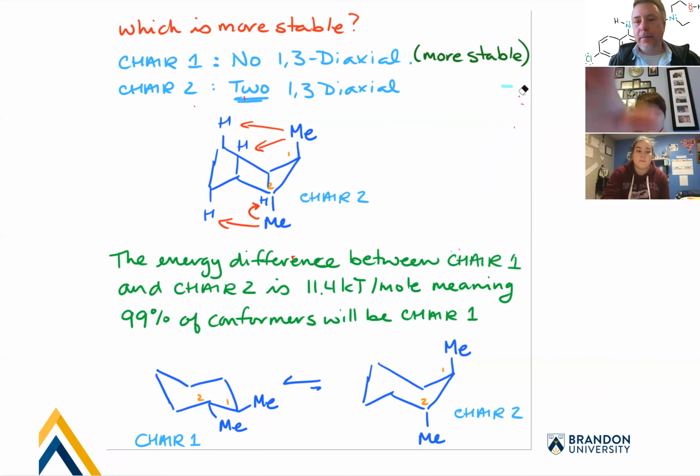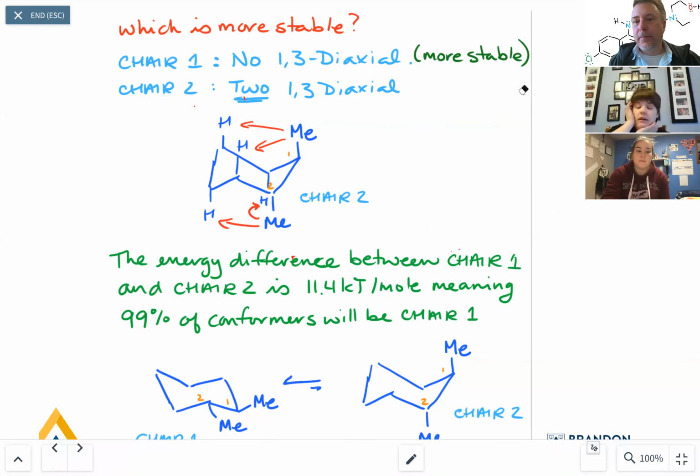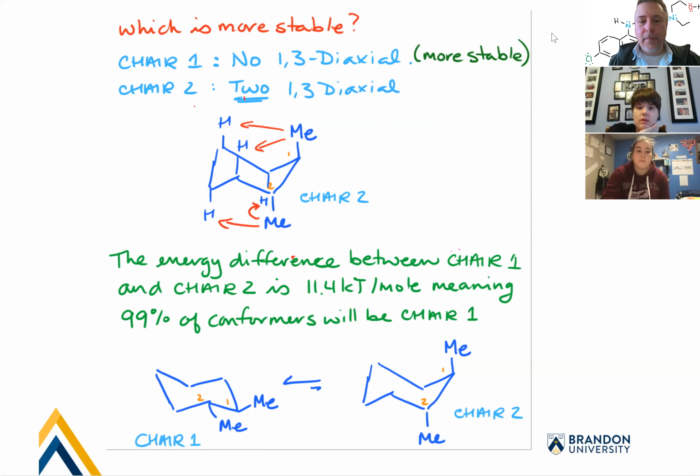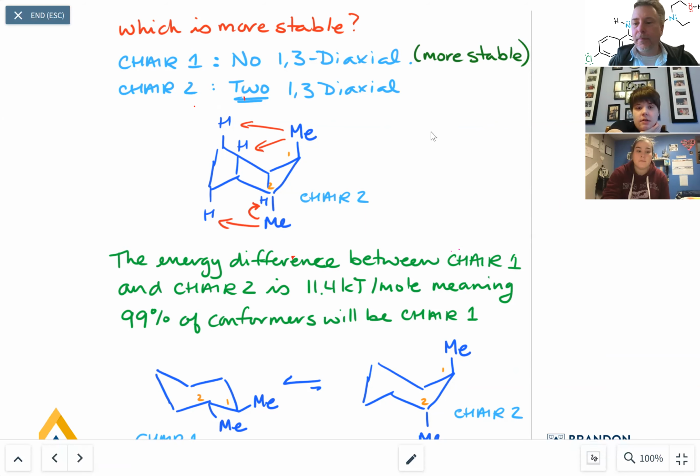Let's see here. I mean, it's not really a question, but are there any interactions with the equatorial groups ever? Because we talked about diaxial interactions.